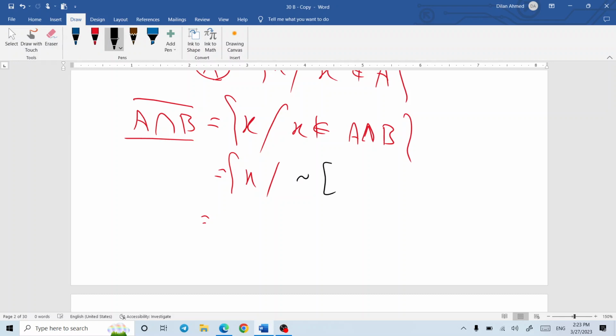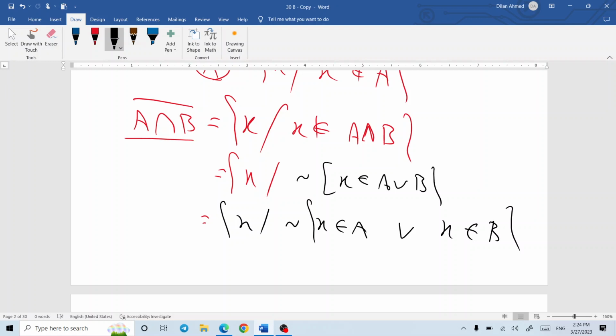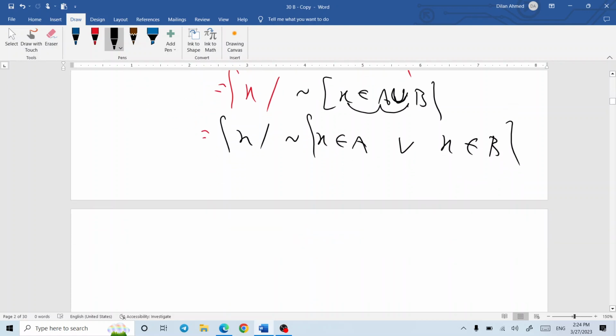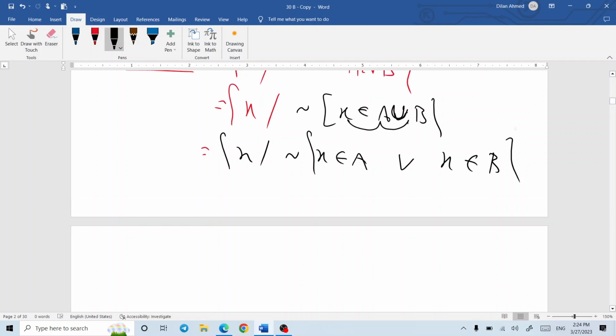I say x belongs to A or B. You got it? Then I say those x that does not belong to x or x belongs to B. How? Because I have that property: union means that between both of them, it belongs.